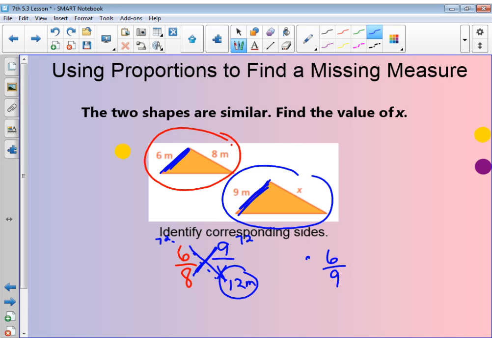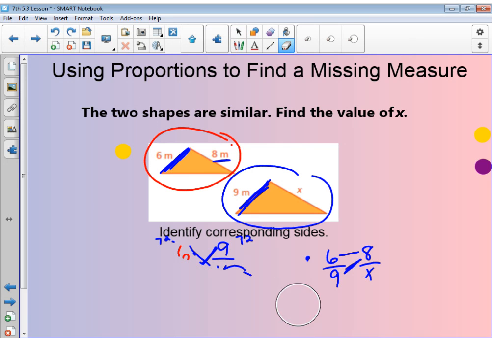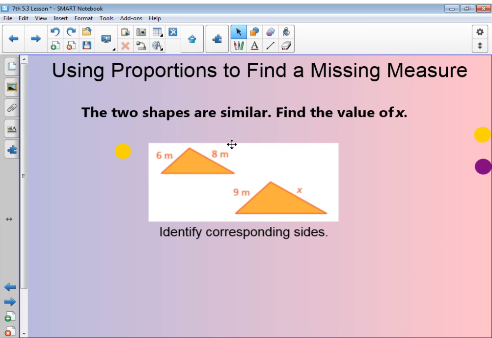And then since this was my smaller triangle, I have to make sure that I put my 8 on the same level. So then it would be 8/x. You'll notice I still end up multiplying between 8 and 9 and then dividing by the 6. So you have to decide what you are most comfortable with. I will tell you that with shapes, I like to do the same shape in the same fraction because to me, it's just less confusing.